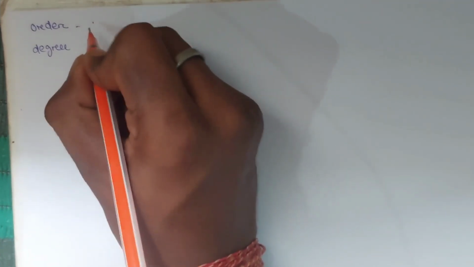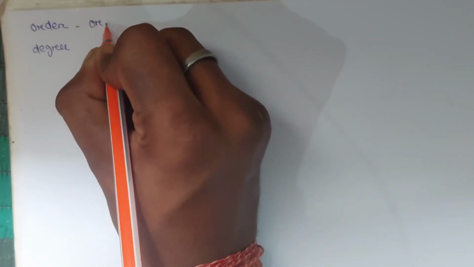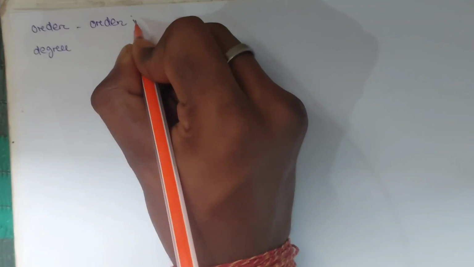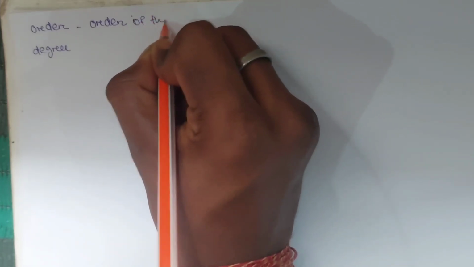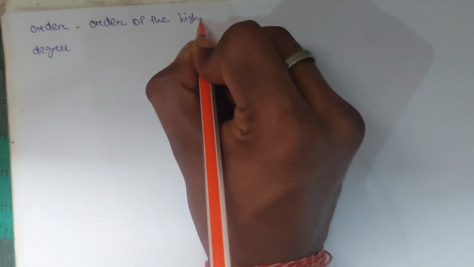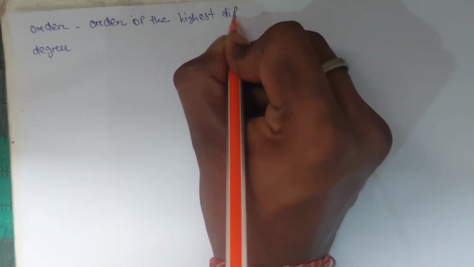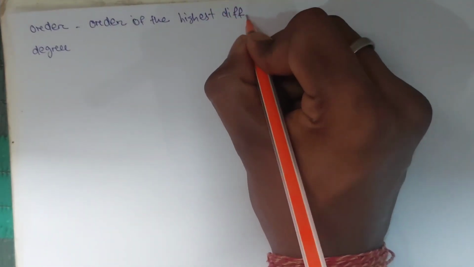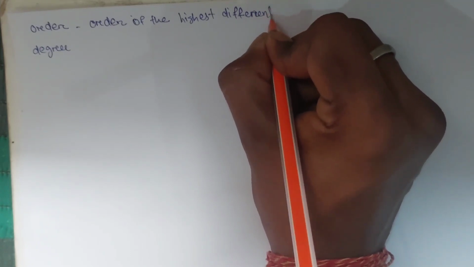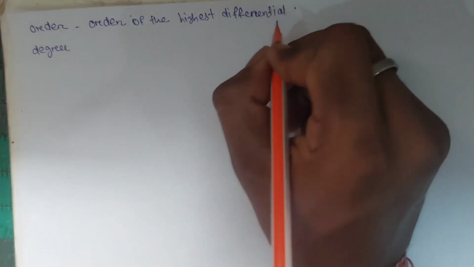If you look at what order is, the order of a differential equation is the order of the highest differential coefficient present. We can write it as the order of the highest differential coefficient.